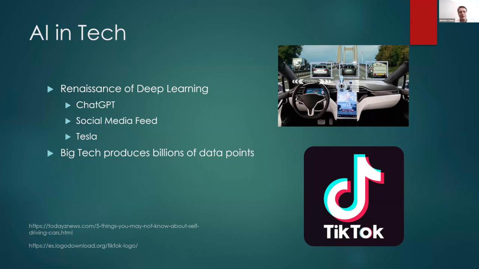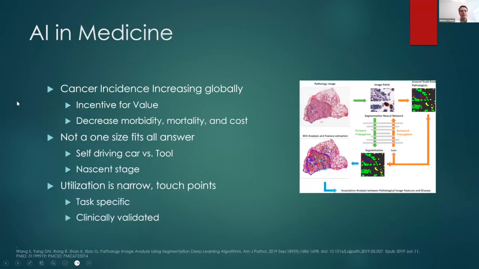One advantage that big tech has that we don't in medicine is that big tech produces billions of data points every second, and they're able to feed that into deep learning programs and come up with really great products like self-driving cars. And we need AI in medicine because it's a new tool to use.